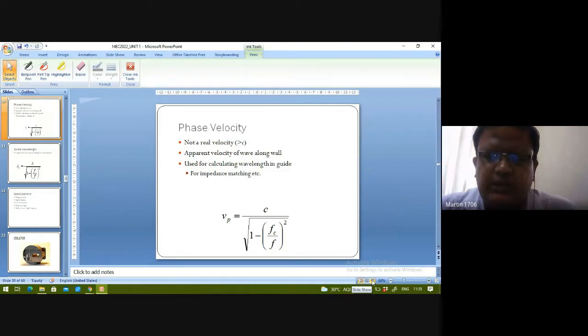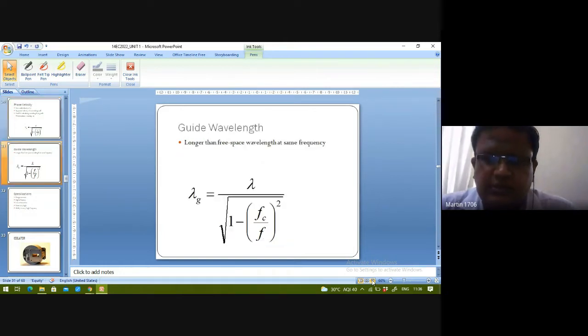So we can calculate Vp equal to c divided by the square root of 1 minus (fc divided by f) the whole square. This is nothing but your phase velocity.